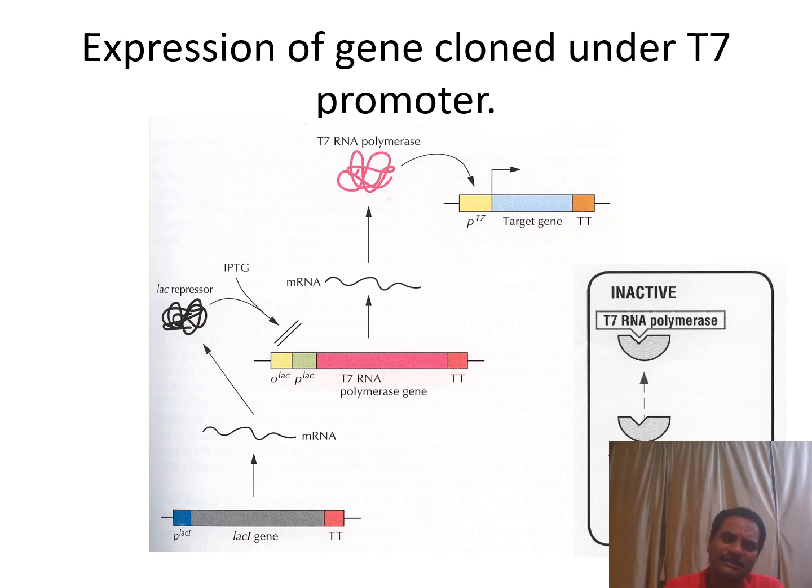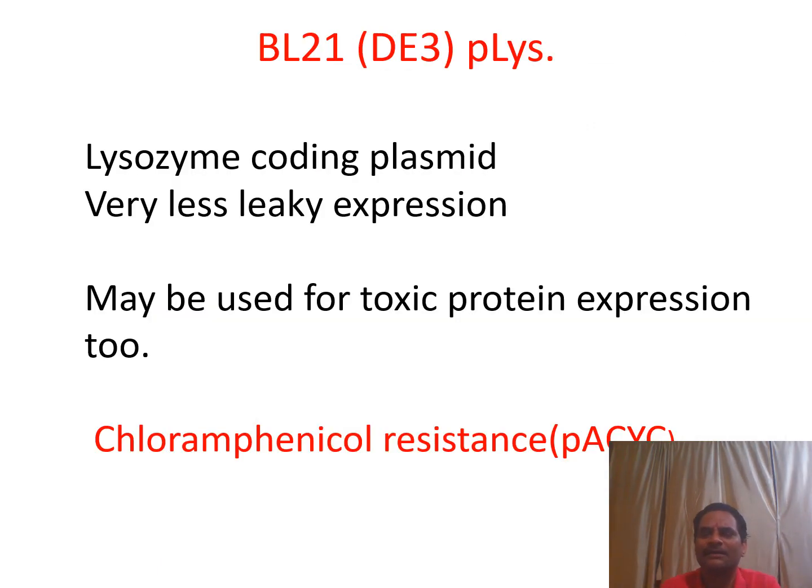To overcome this, the next strain designed was the BL21 DE3 pLysS strain. It means the lysozyme coding gene has been cloned in a plasmid, and that plasmid has been added in this BL21 DE3 strain. This T7 lysozyme is an inhibitor of the T7 RNA polymerase.